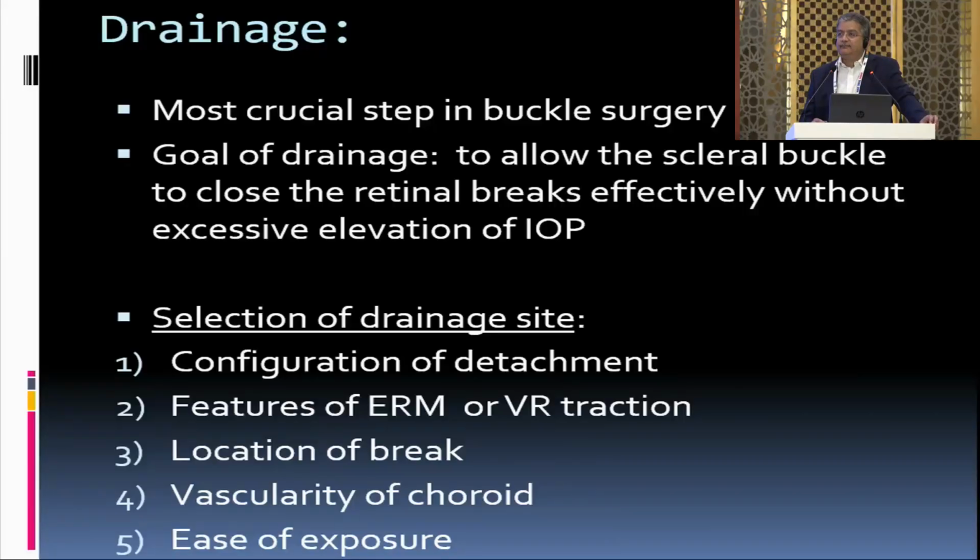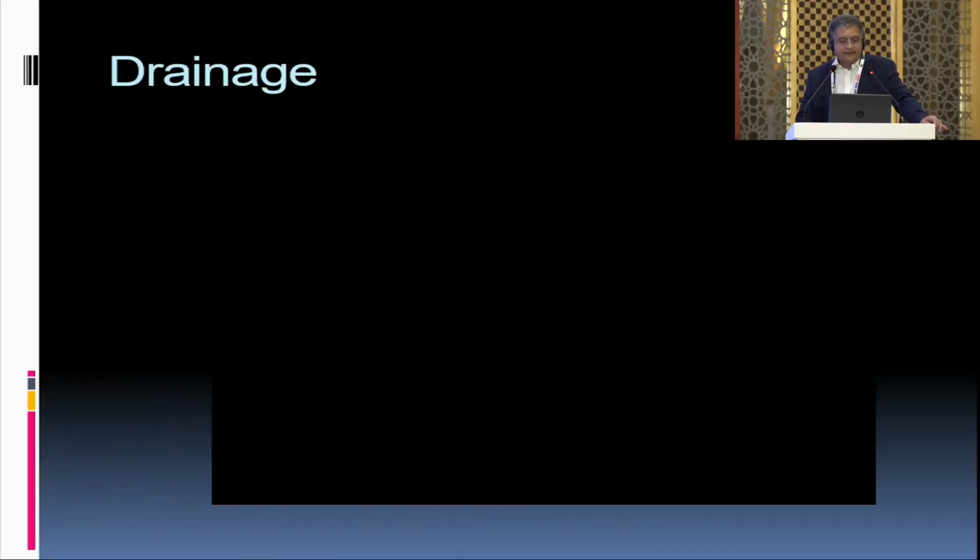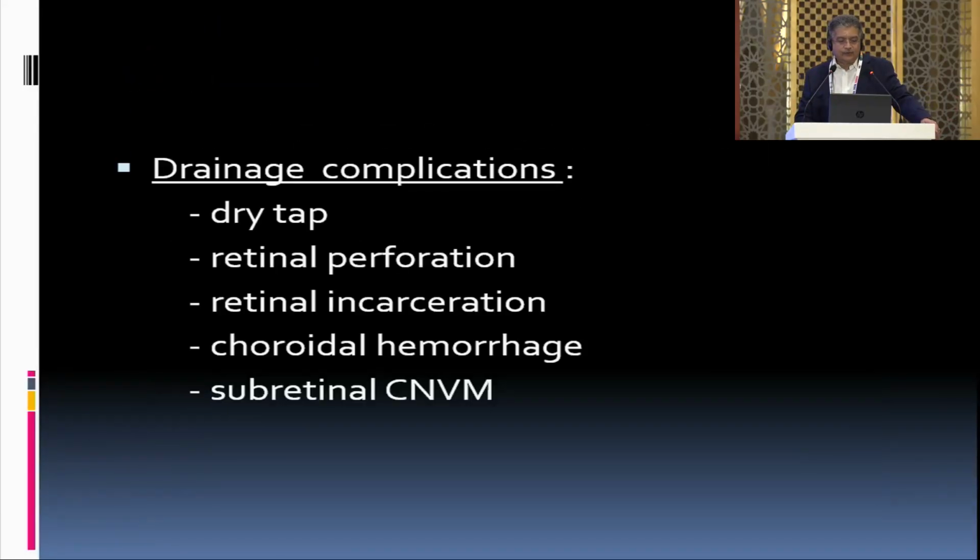It's done in the most bullous part of the detachment, but again away from a large retinal tear because you don't want the vitreous fluid to gain access into the orbit. So again, I'm not able to show the video itself.